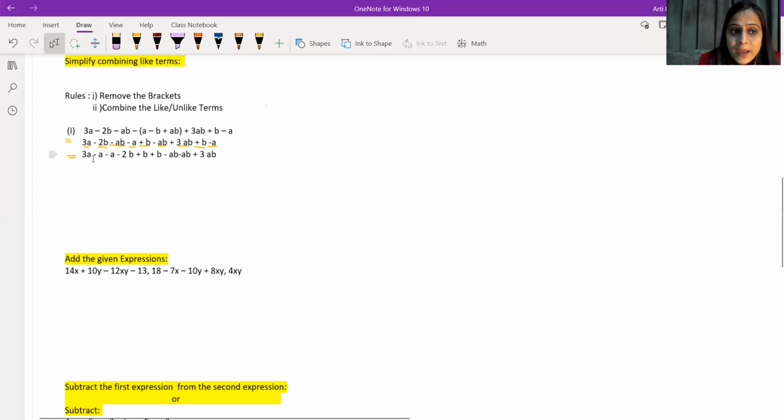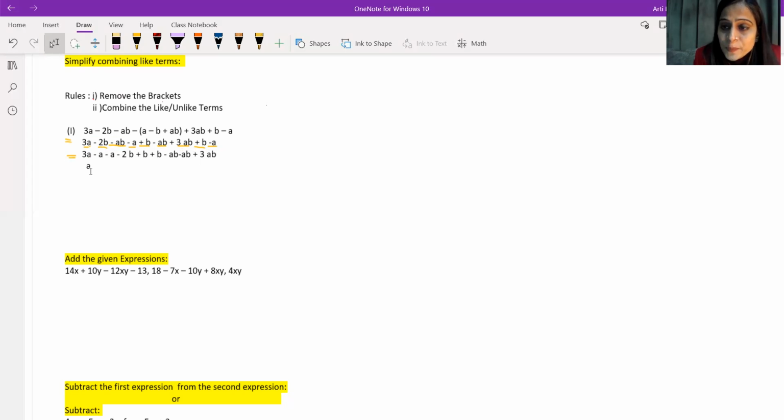So 3 minus 1 is 2, minus 1, again 1. So we are left with only 1a, and we need not write 1 with a, and the sign is plus. Next is minus 2 plus 1 plus 1, minus 2 plus 1, minus 1, again plus 1. So it will be 0.